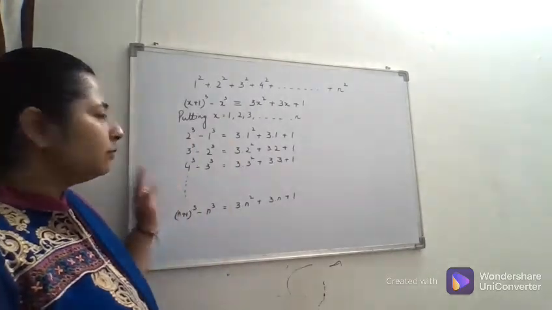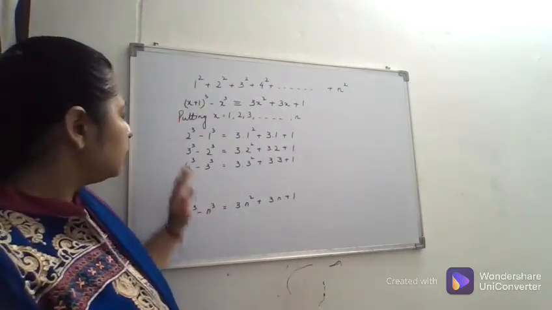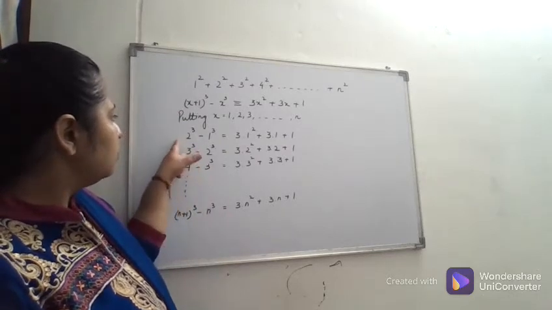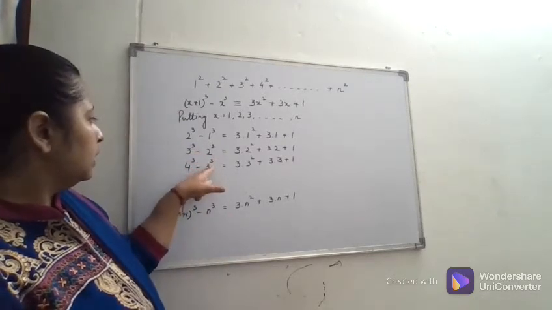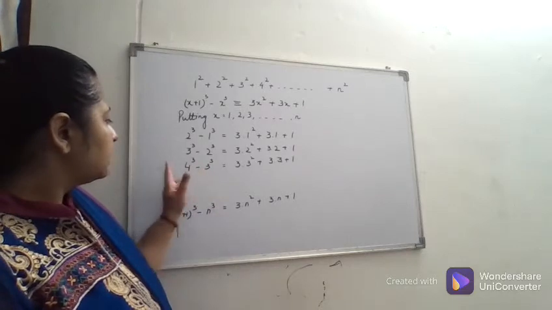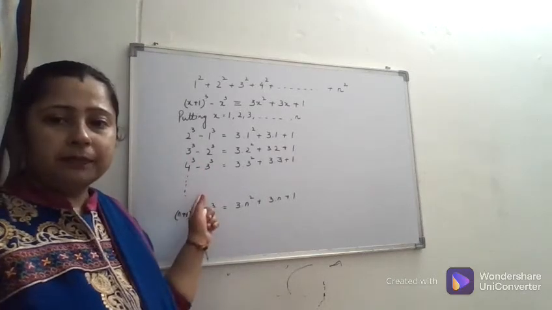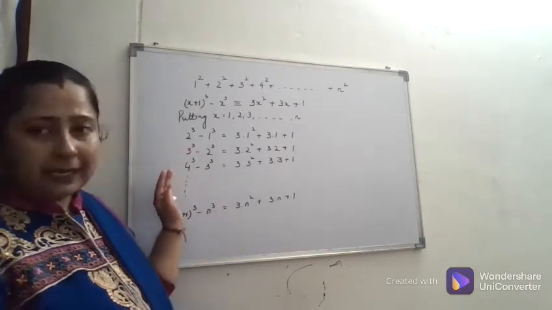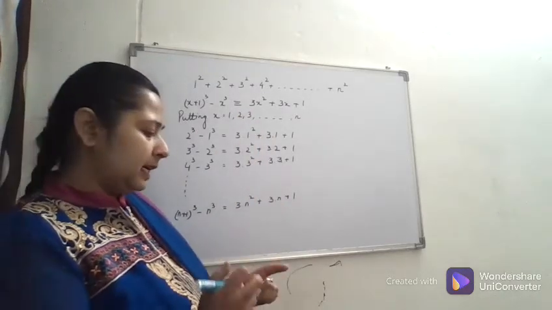Now let's add them vertically. When we add them vertically, 2 cube and 2 cube will cancel, 3 cube and 3 cube will cancel. Similarly, alternate terms will cancel out and we will be left with the right hand side.